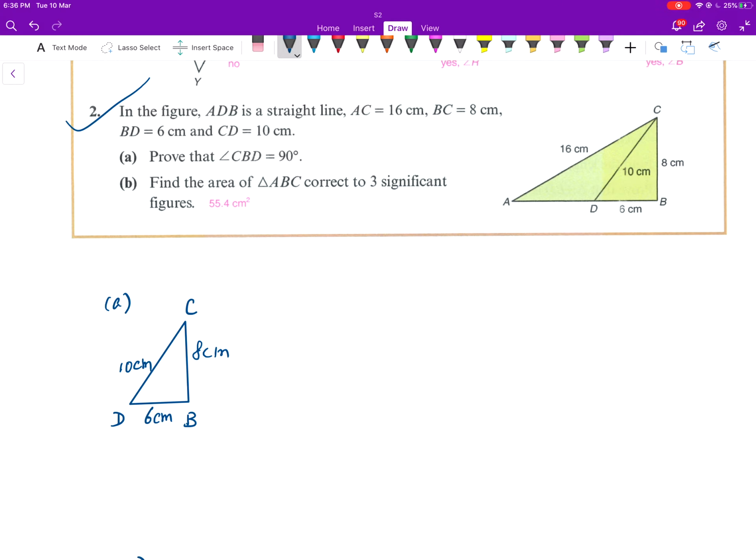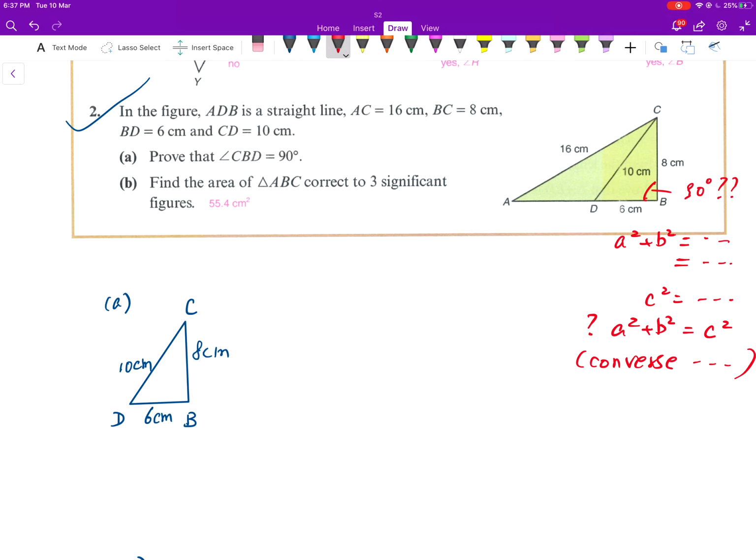Prove that angle CBD equals 90 degrees. We need to check if this one is 90 degrees, by using the a square plus b square calculation and then the c square calculation, and check whether a square plus b square equals c square, then use the converse of Pythagoras theorem to prove.